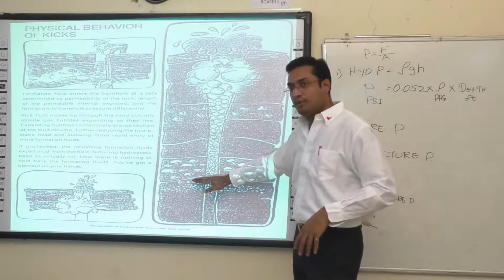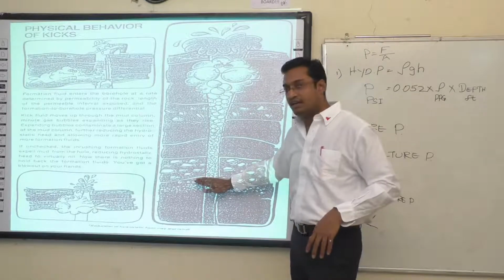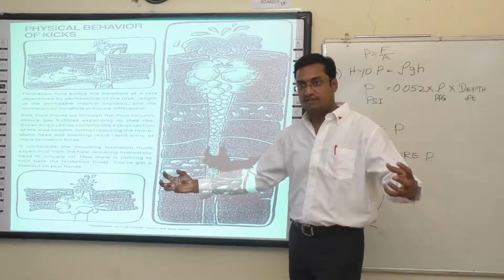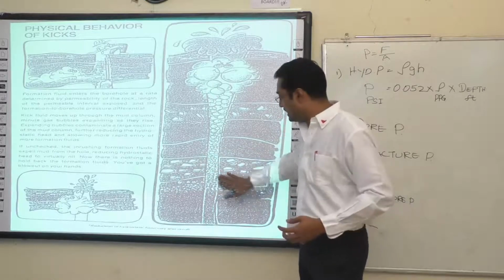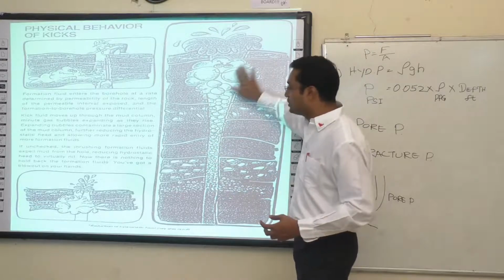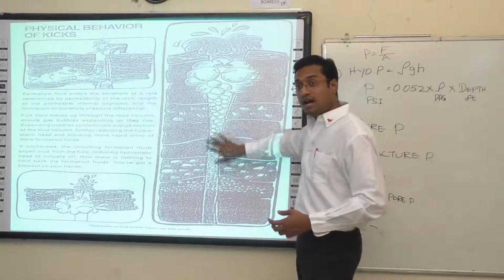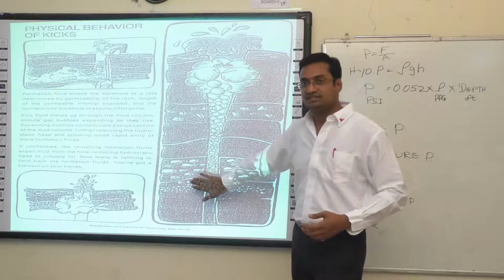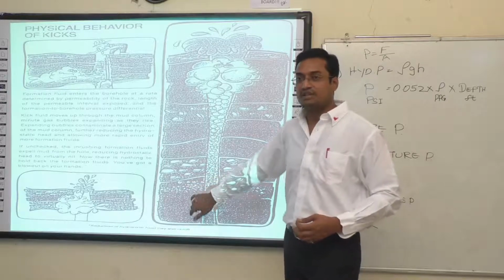When you close the BOP, there is no further entry. Whatever well fluids have entered the wellbore, you have to circulate it out without allowing any further influx. That is well control method.